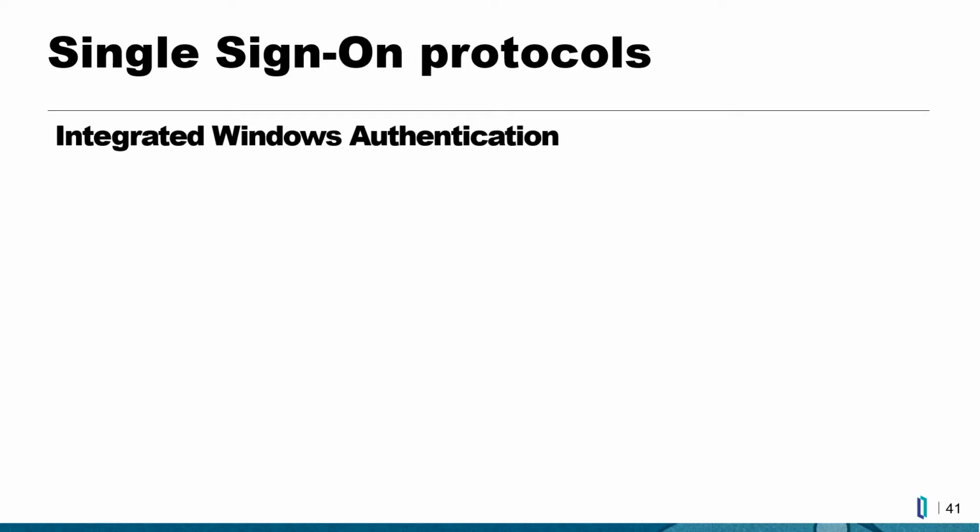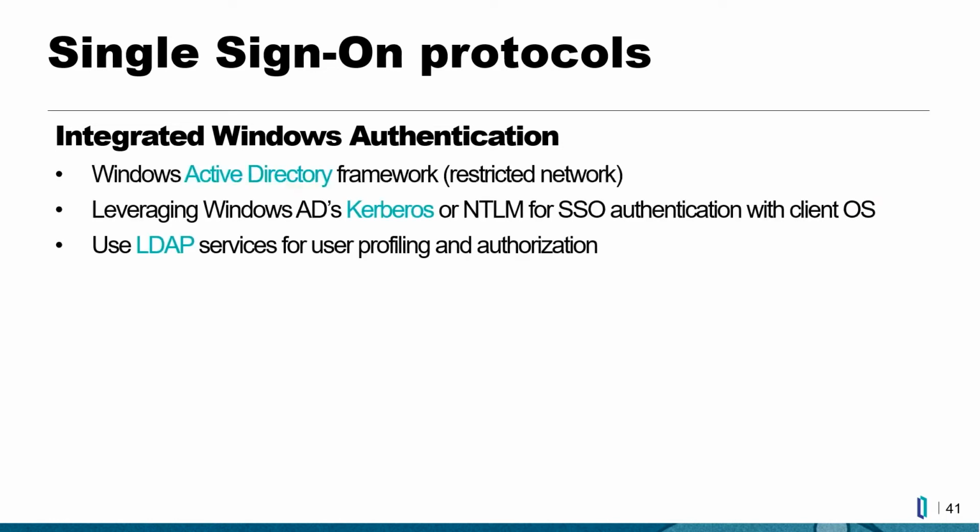I will really focus on 3 different use cases. The first one is Integrated Windows Authentication. That's a framework that's provided typically in Windows Active Directory contexts. So we're talking about a restricted network, a private corporate network with Active Directory services. And we will leverage these legacy standards.